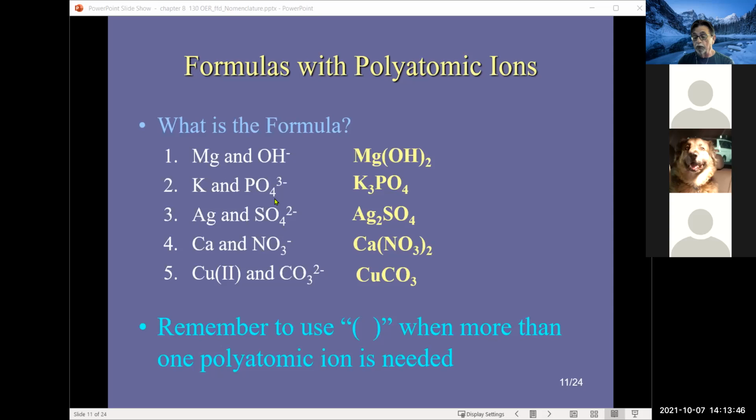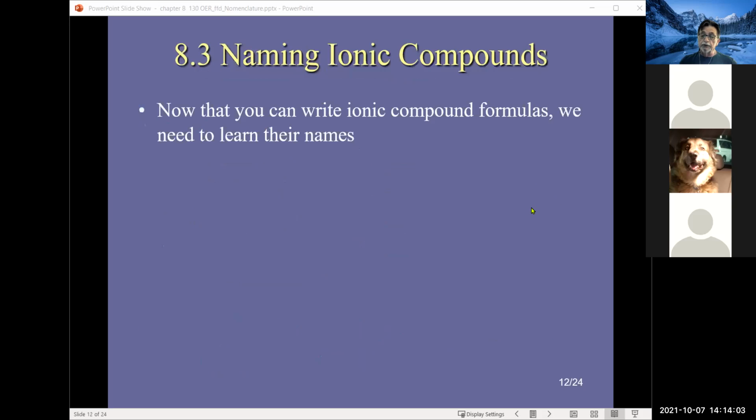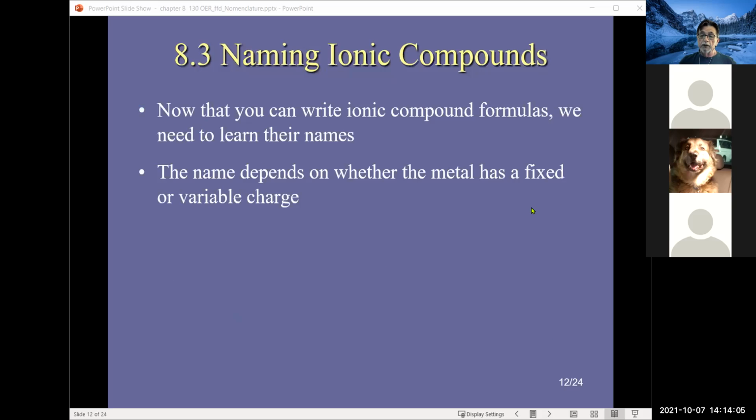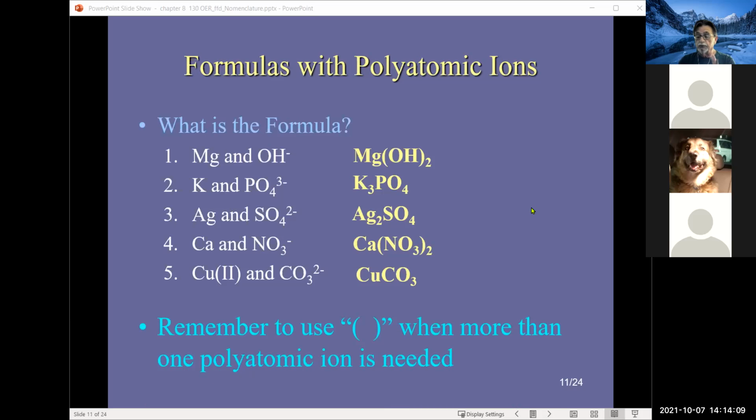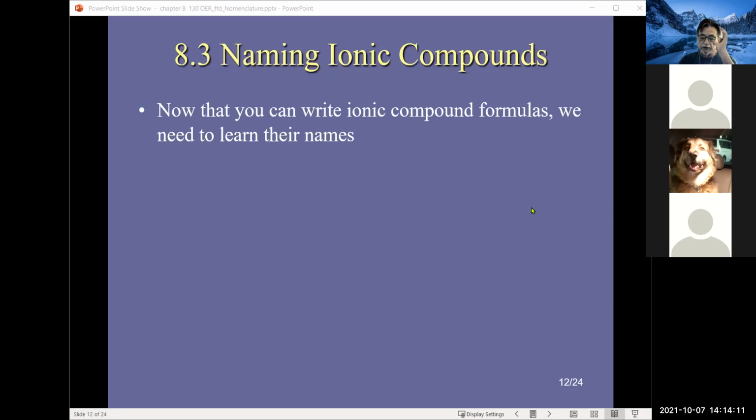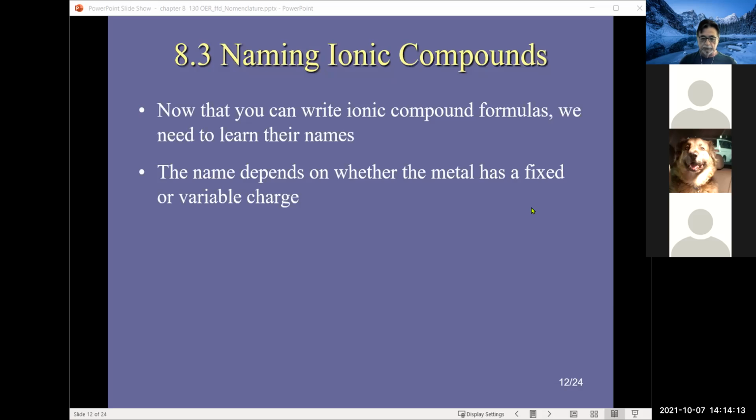The PO4 is not called phosphorus oxide, it's called phosphate. SO4, same thing, it's not called sulfur tetraoxide, it's a sulfate, etc., etc. So polyatomic ions have their own unique name. We've been working on this, starting in the formulas, and I've been giving you the name as we progress. So now we're going to start talking about naming ionic compounds, okay?